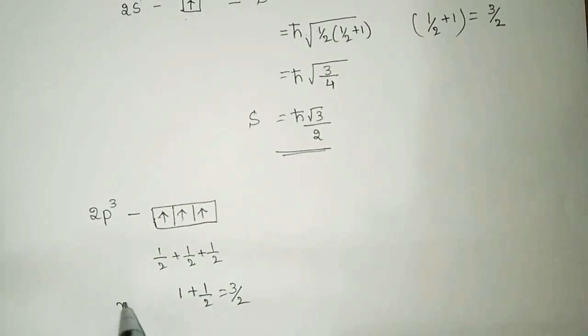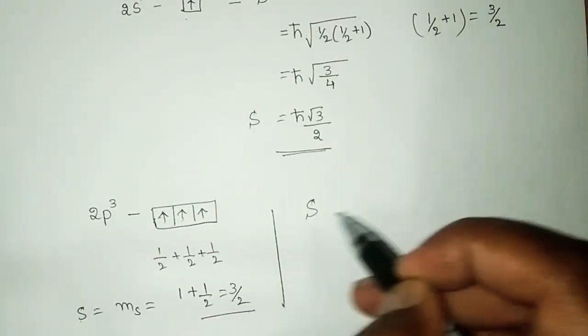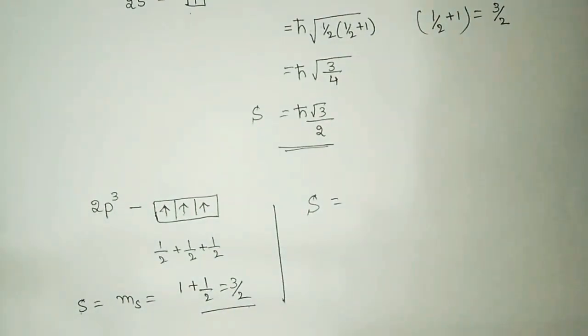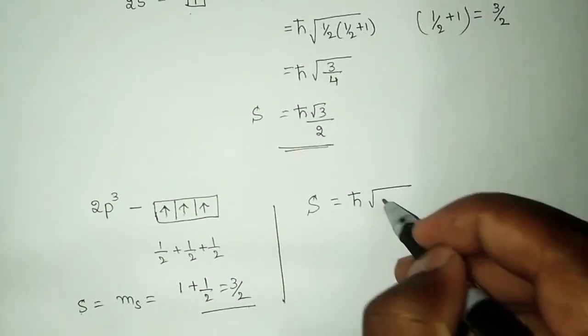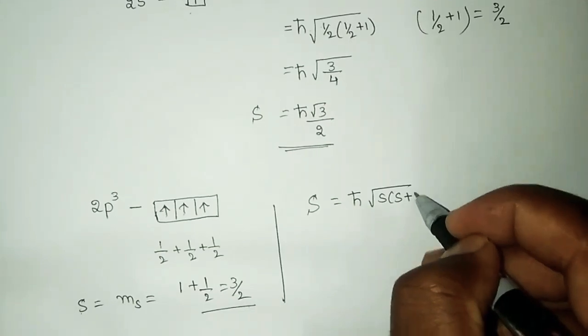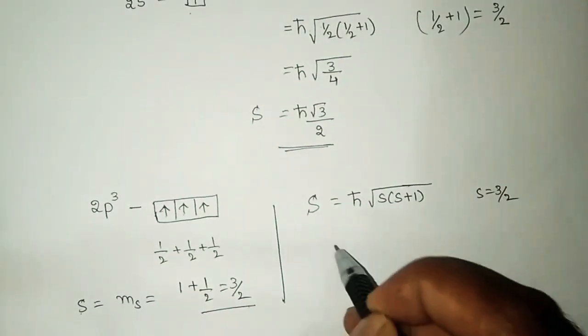3 by 2 is the value of ms, that's nothing but s, that will be 3 by 2. And for this we need to calculate the spin angular momentum, that is h cross into square root of s into s plus 1, and here the s value is 3 by 2.